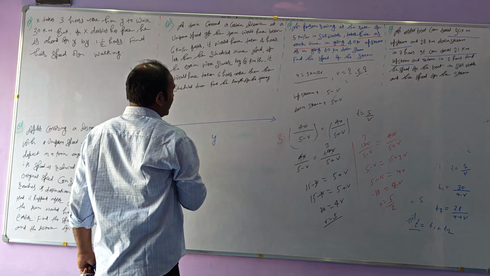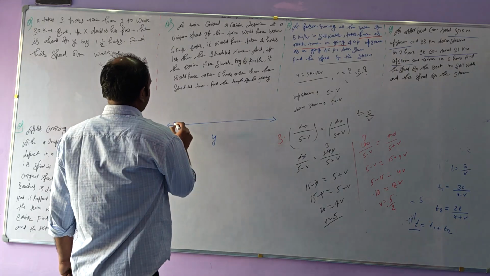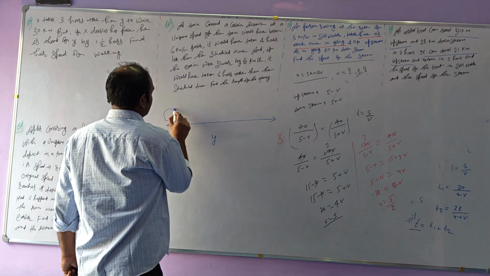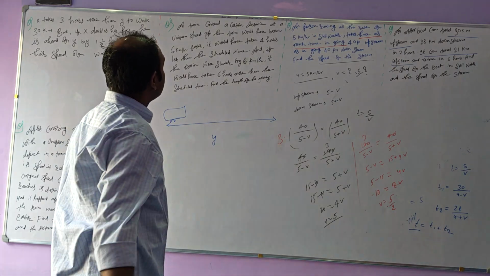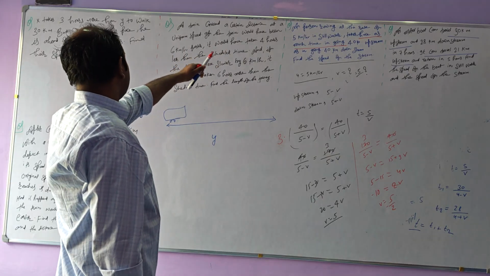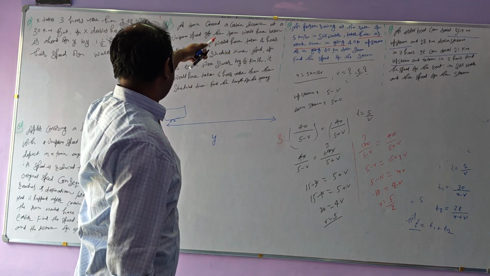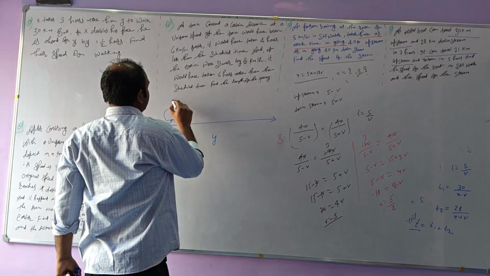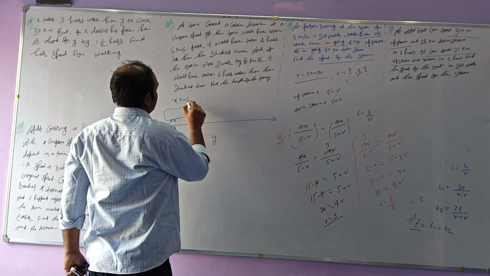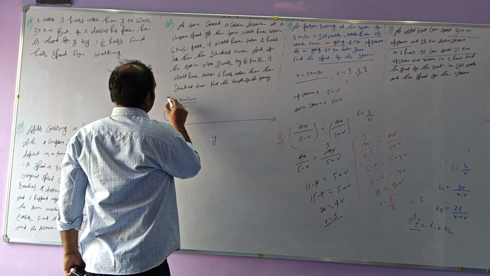Length of journey is y, and this is t. A train covered a certain distance at a uniform speed. Let the speed of train be x km per hour.